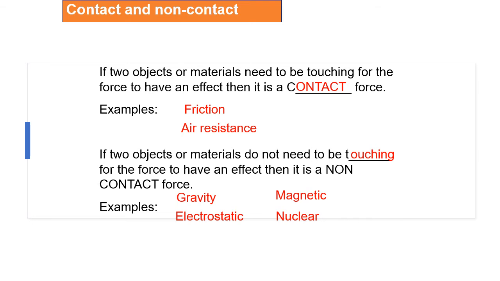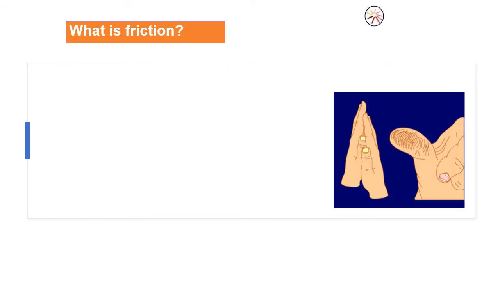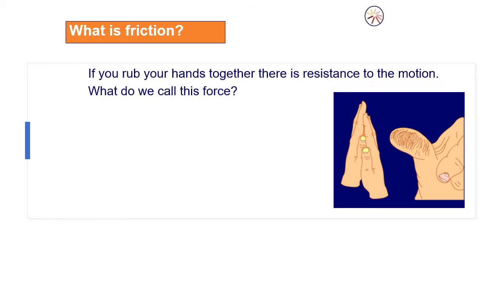Okay, so we are moving on. Among all these forces, one type of contact force, friction, is quite an important force. We will be coming across that term quite a lot in physics. So just a little more detail about what friction is.